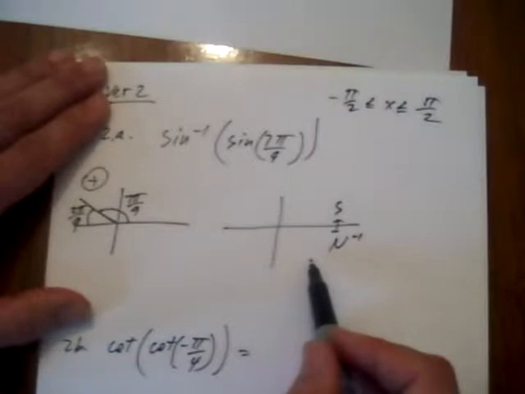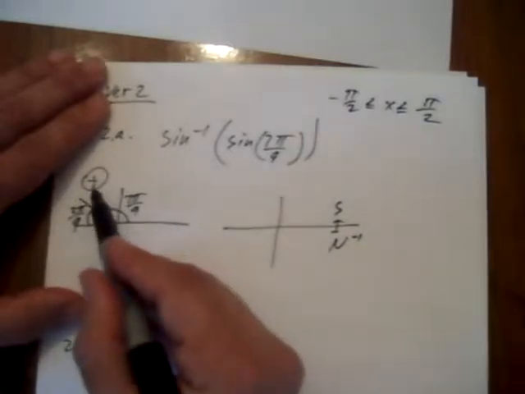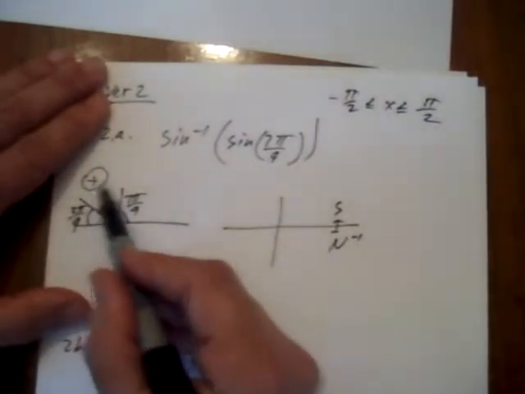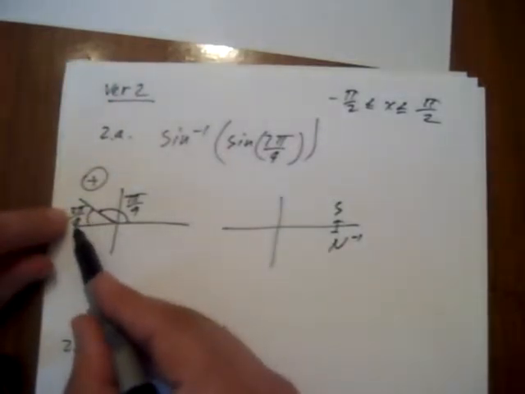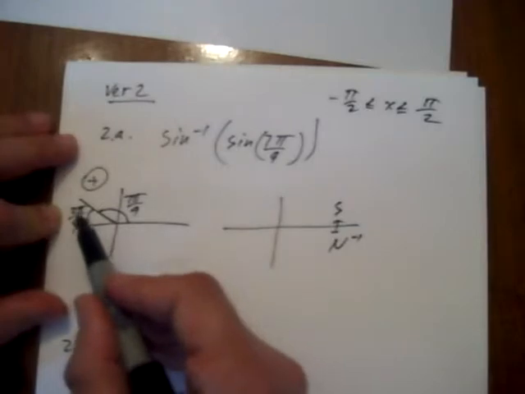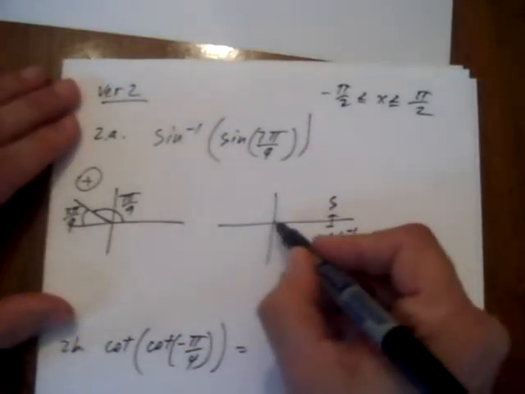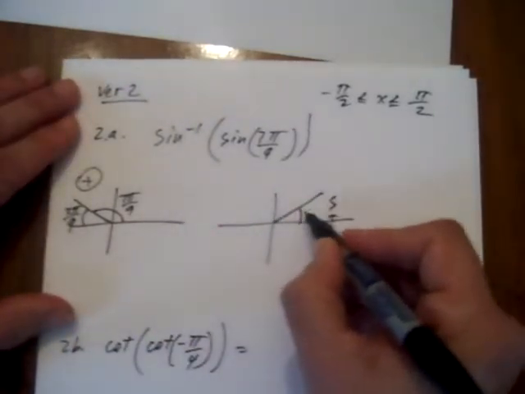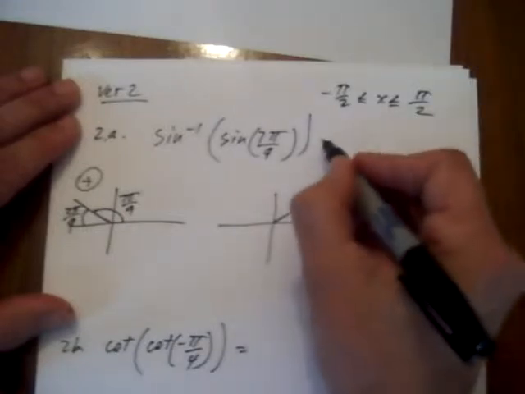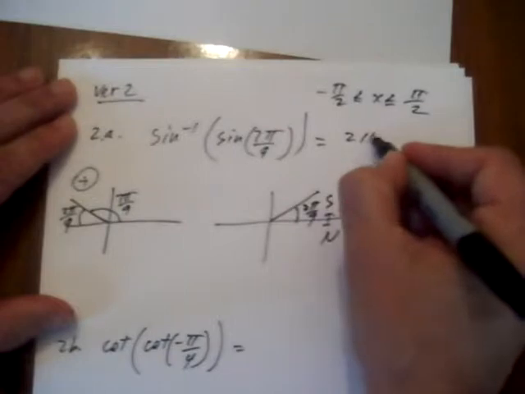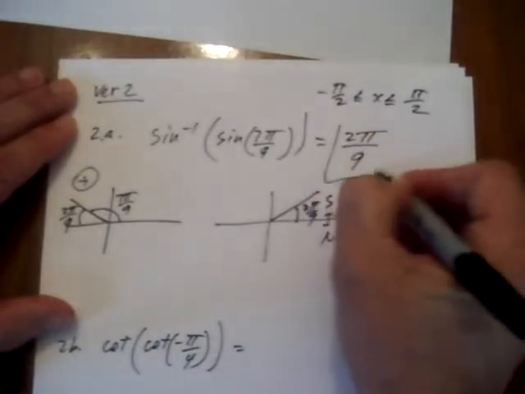The fourth quadrant is going to produce negative results, and we are looking for a positive result. Therefore, we know we're going to be in here, and it's just a matter of placing this reference angle in the first quadrant. So 2 pi over 9 in the first quadrant. So the answer to this is 2 pi over 9.